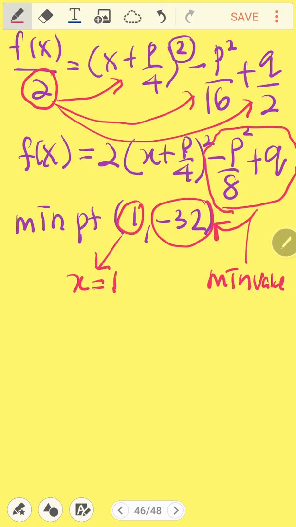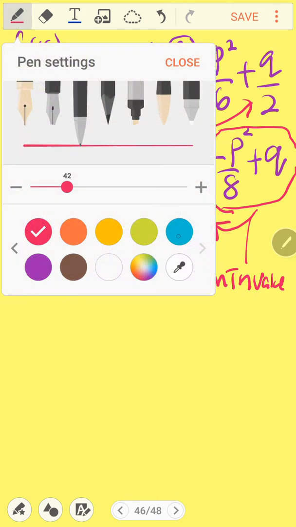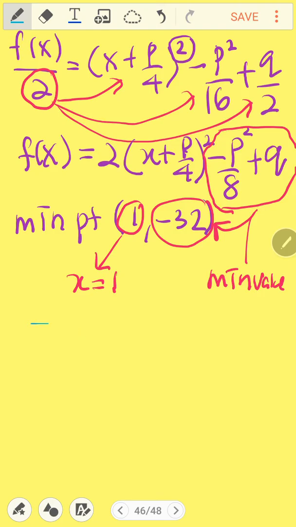Okay, so we do the first thing first here. I'm using the turquoise color. So what else do we know about this function? We do know that x plus p over 4 is equal to 0 when the minimum value is negative 32. x plus p over 4 should always be equal to 0.